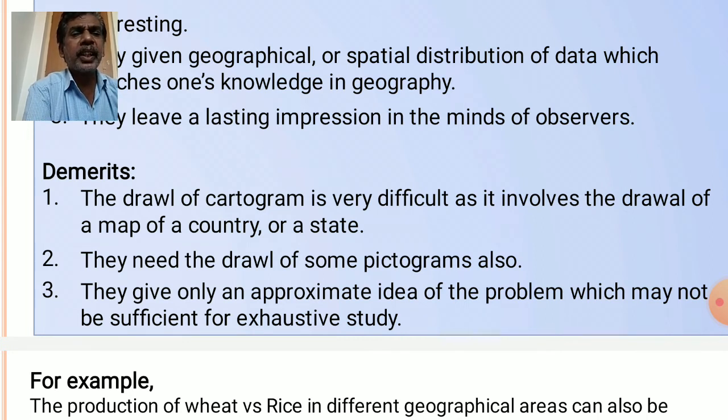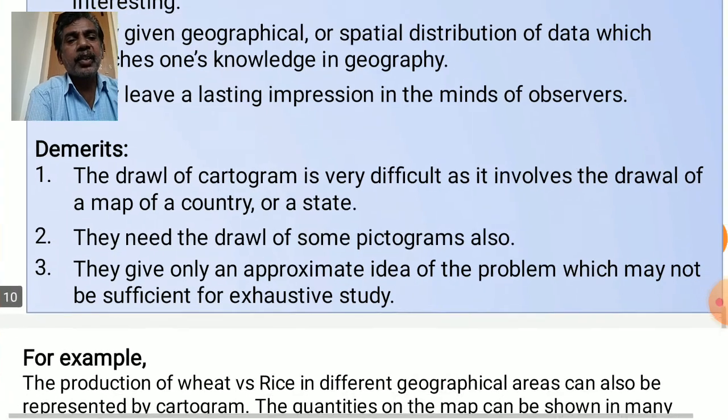And they need the drawing of some pictograms also, and they give only an approximate idea of the problem, which may not be sufficient for exhaustive study.